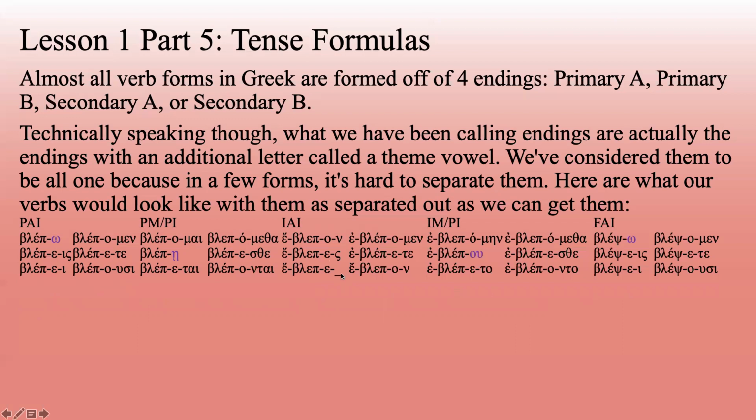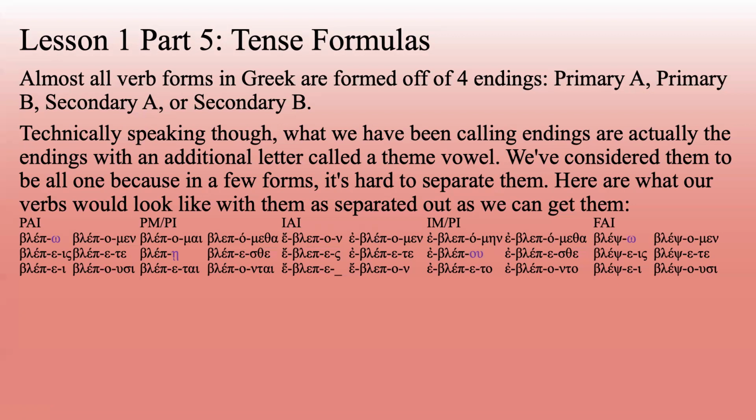The ending there is a nothing. Blep-o-men, blep-e-te, blep-o-n. So you can see here now these purple ones are ones that we can't really split out because something has really contracted and it's just not possible. But these are what we would have if we split everything out as we can.